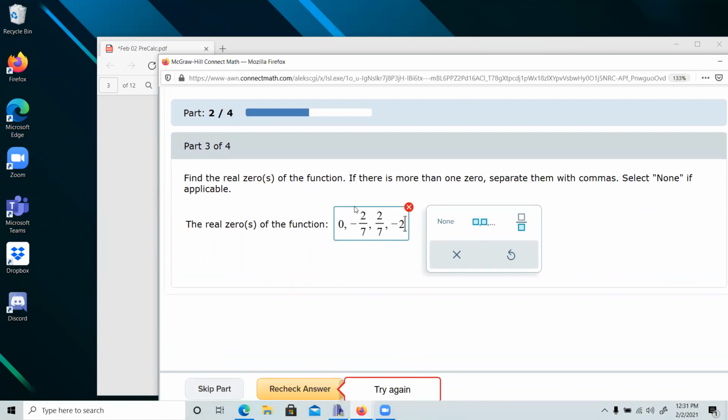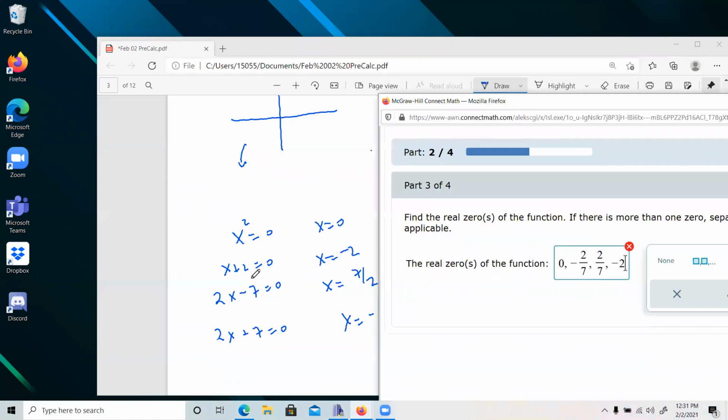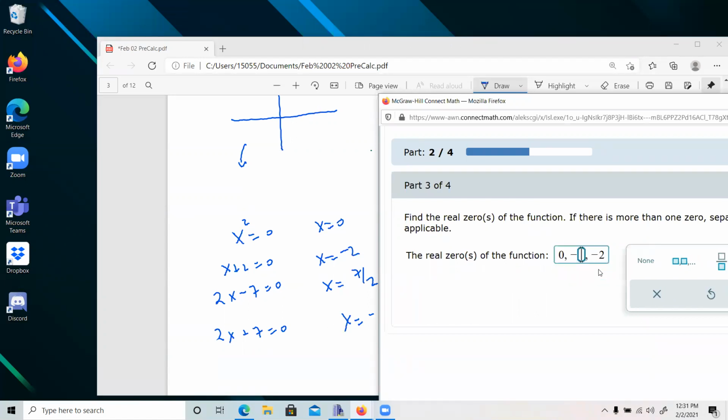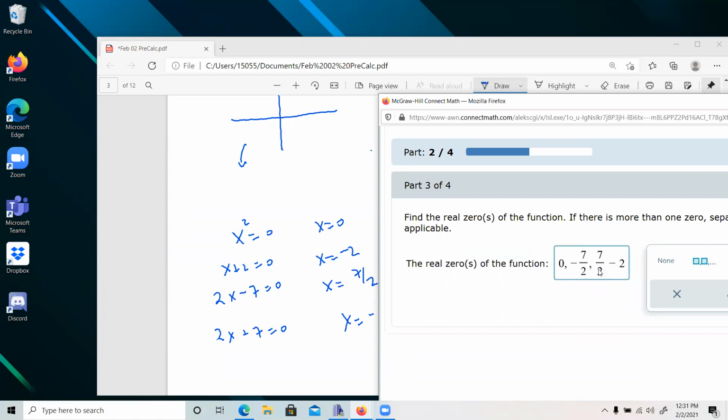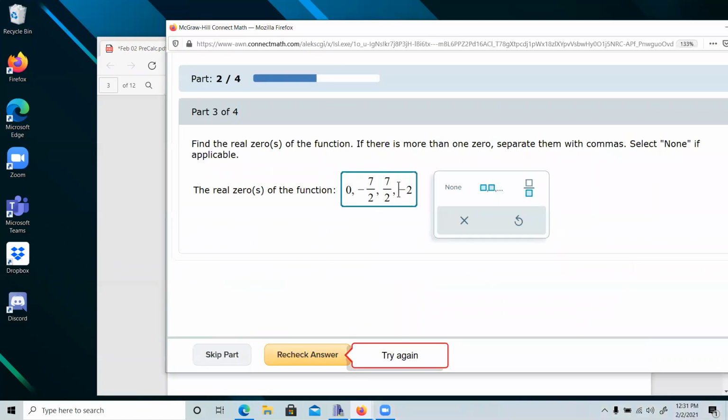What did I not do? Oh, 7/2. Not 2/7. All right, there we go. And make that a comma. All right, that looks a little better.